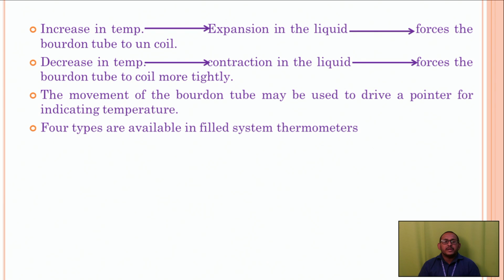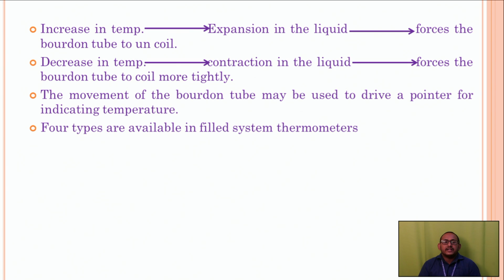The expansion of the liquid forces the Bourdon tube to uncoil. Based on this, the deviation will happen in the Bourdon tube, and then the measurement will be shown on the scale. Based on the deviation, the pointer will move, and based on that, temperature will be measured.